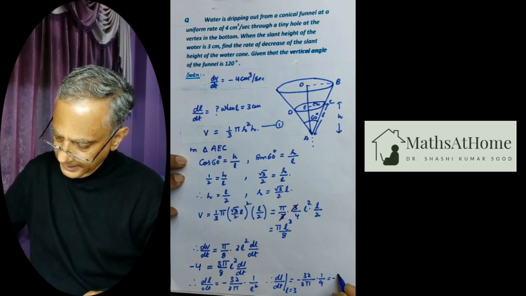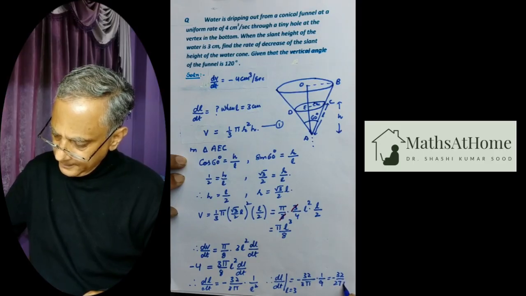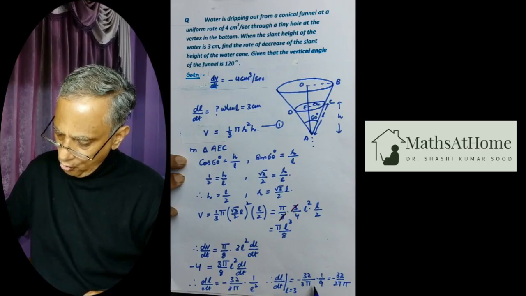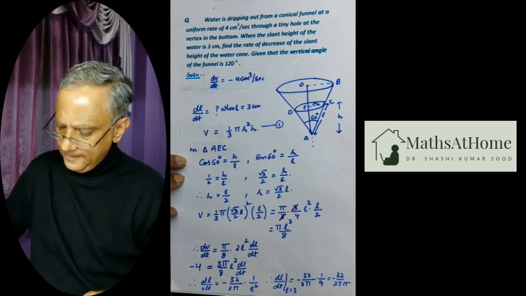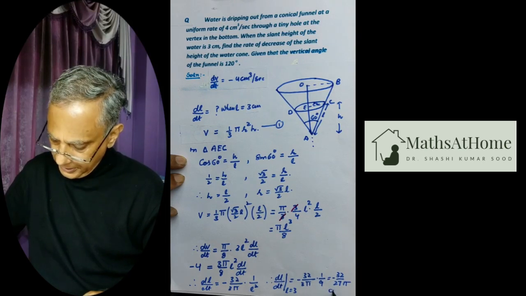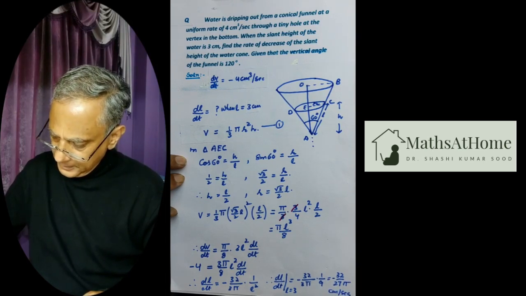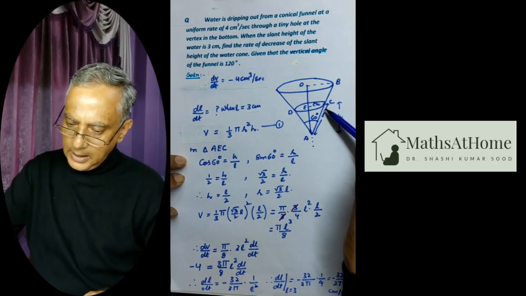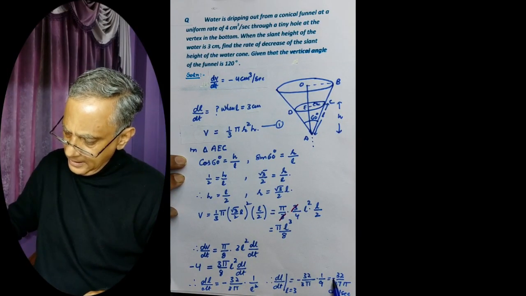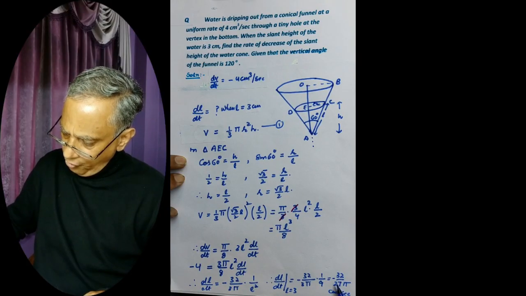This is equal to minus 32 by 27 pi centimeters per second.